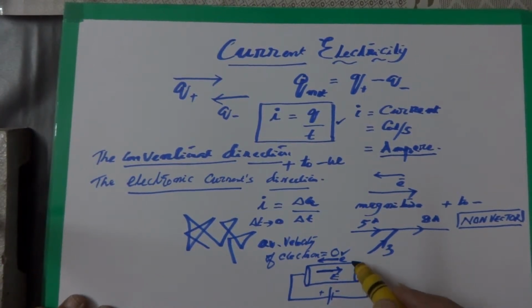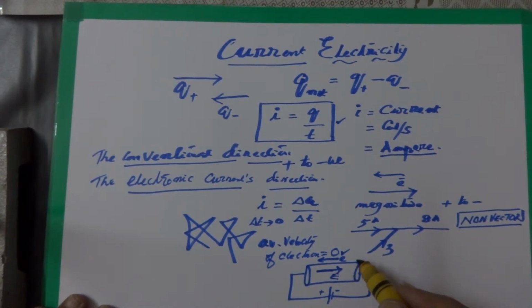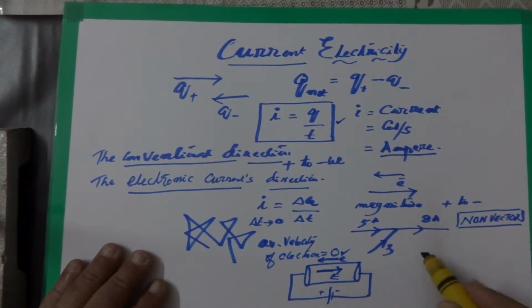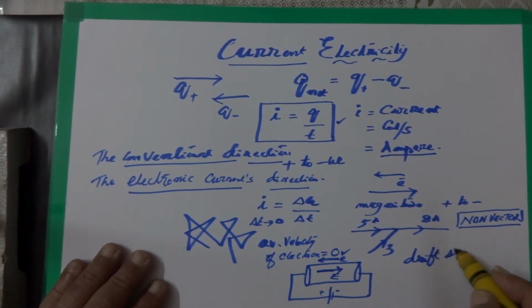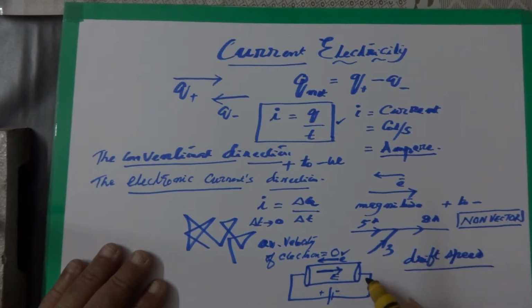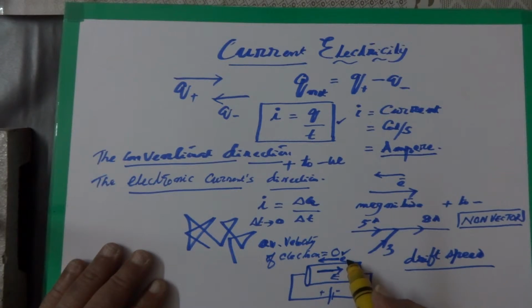The velocity acquired by the electron when a potential source is applied, opposite to the electric field, is named drift velocity or drift speed. So all the electrons will have a tendency to move in the opposite direction of the electric field, that is negative to positive, and constitute a current. So this potential source will control the motion of these electrons.